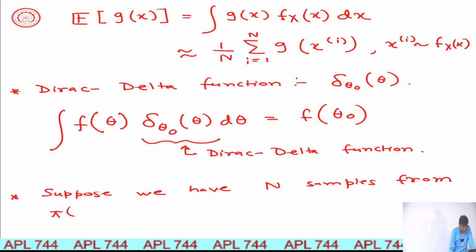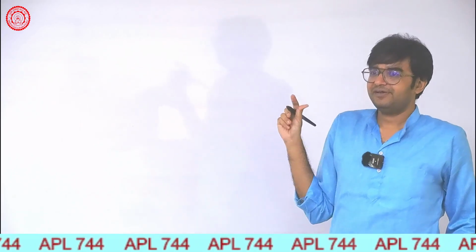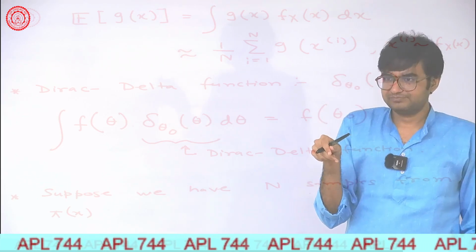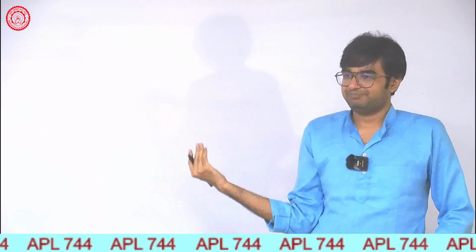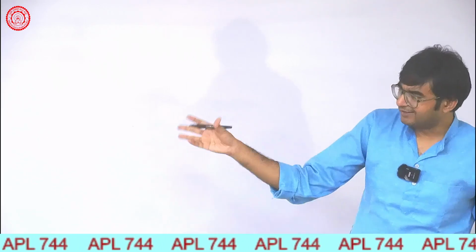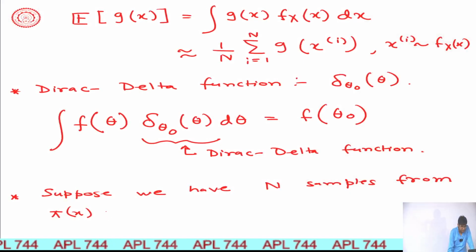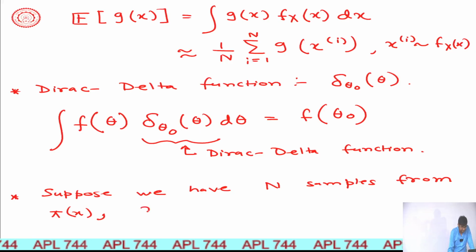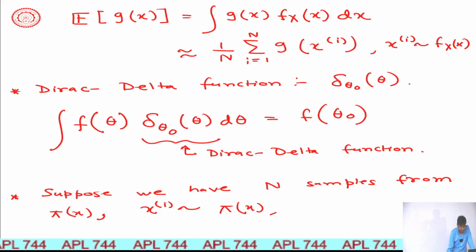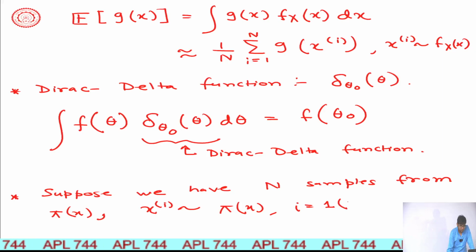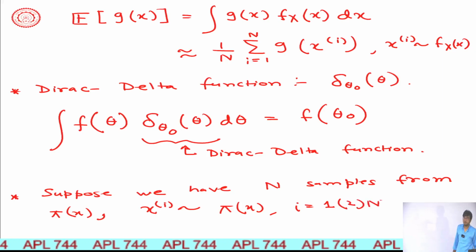Pi of x is generally used as a term, and I will be using it throughout for the sampling part, as the target distribution. Right now you don't need to understand what target means, but generally target means the distribution from which you want to sample. So you have xi drawn from pi of x, i equal to 1 to n.